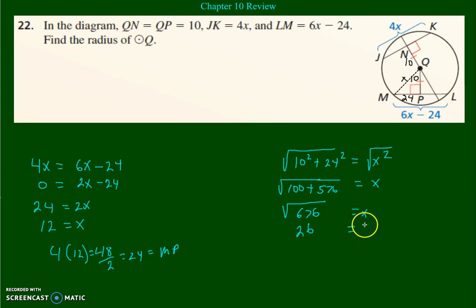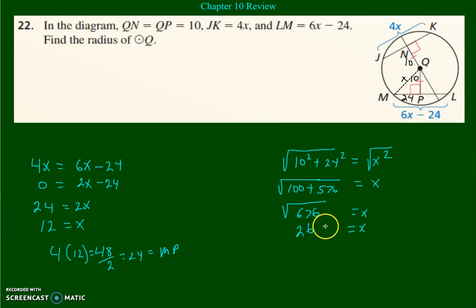So x equals 26. So that's our radius, 26. You can see that it helps a lot if you know your Pythagorean triples, but it's not necessary. It just takes a little longer. The only difference being how much time it takes you to perform a test.